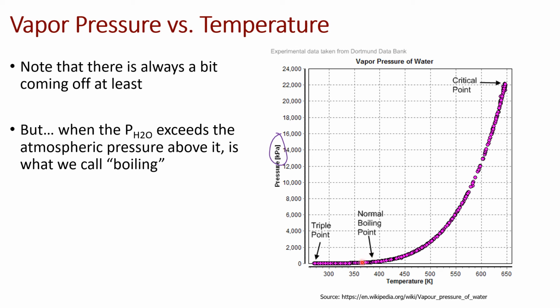That's why at 1 atmosphere or 101 kPa, the boiling point for water is 100 C or 393 K. It's because that's where it reaches that atmospheric pressure. The vapor pressure of water suddenly reaches the overall pressure, and so all of your H2O is going to try to get into that gas phase.